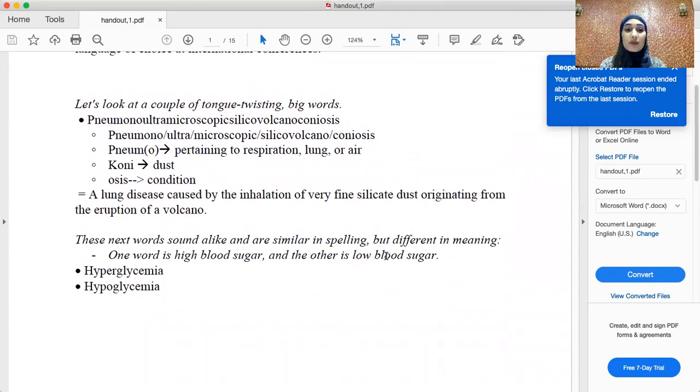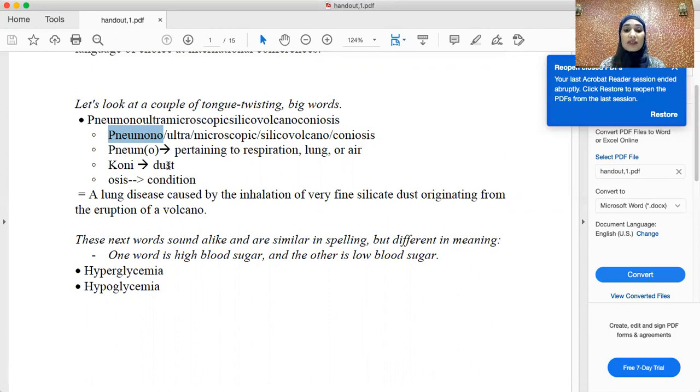For example, this large twisting word, pneumonoultramicroscopicsilicovolcanoconiosis. This is a really large word, but when we divide this word and break it into its components, it will be easy to understand. Pneumono means related to or pertaining to respiration, breathing.